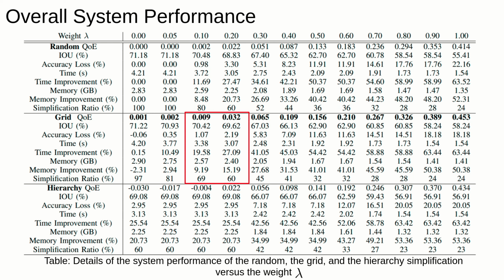Or Slimmer reduces 29% execution time and 15% memory usage overhead with only 2% accuracy loss, using the grid simplification with a simplification ratio of 69%.